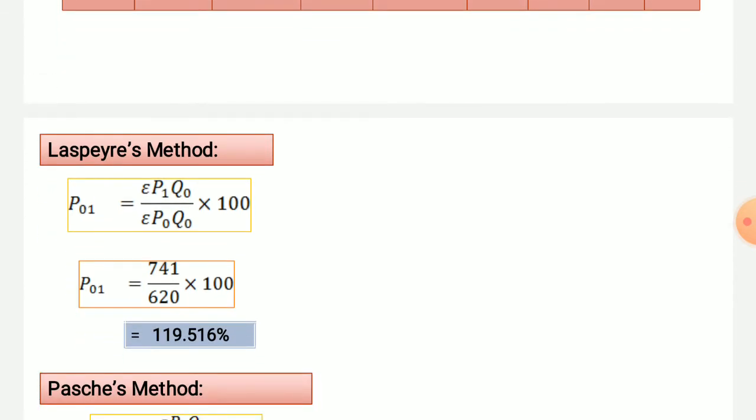Now substituting these values in the formula, we can calculate indices or index numbers. So P01 is equal to sigma P1Q0 divided by sigma P0Q0 into 100. This is the formula to calculate indices.